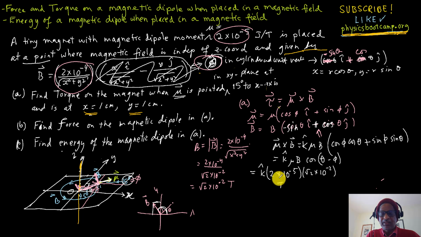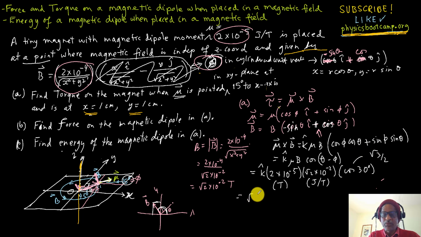So this is Tesla, and this is Joule per Tesla, and then you have a cosine 30 degrees, which is square root of 3 over 2. So what I got is square root of 6. This 2 will cancel this 2, times 10 to the power minus 7 joules, or Newton times meter.